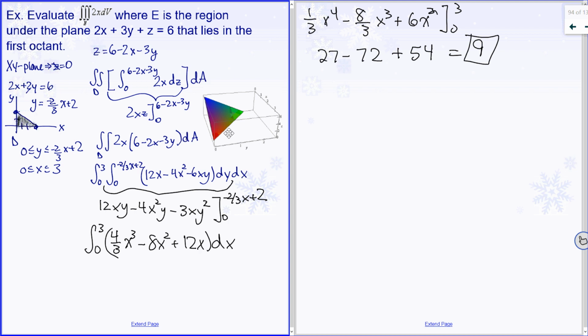Maybe the volume at each x value or something. So maybe it'd be the average value of 2x over the volume, but I don't get what that means. Is that four-dimensional? Probably four-dimensional. That would require some thought.